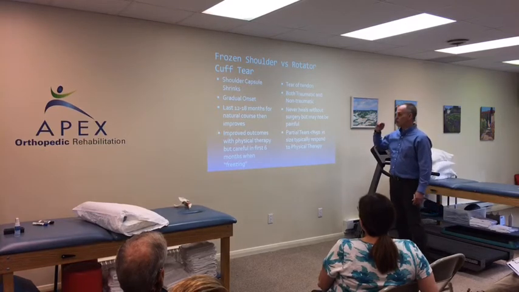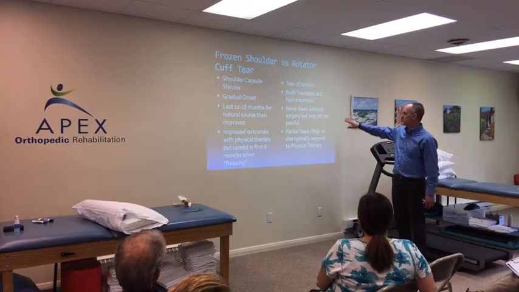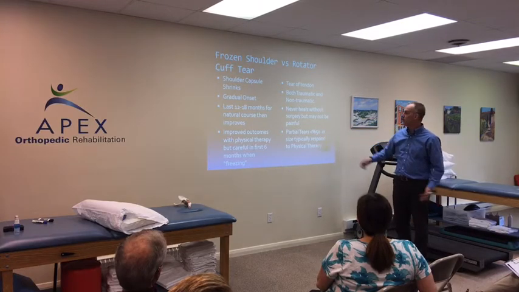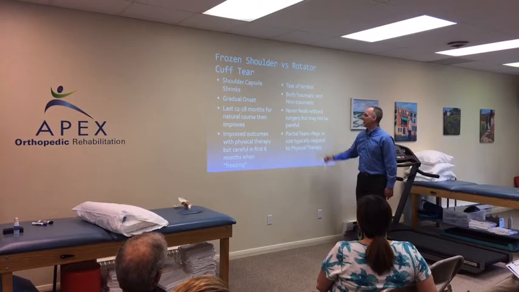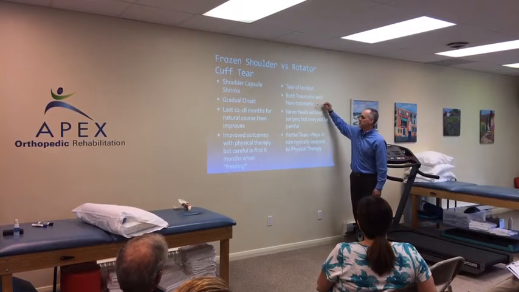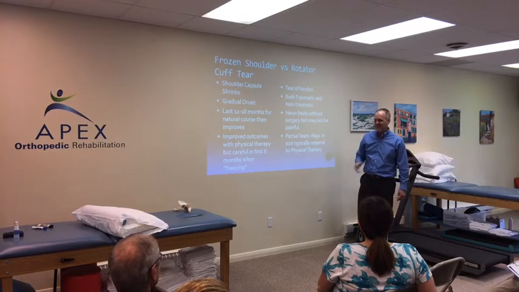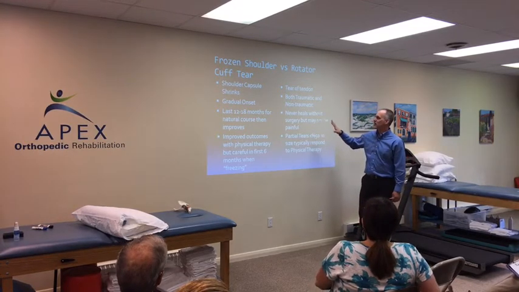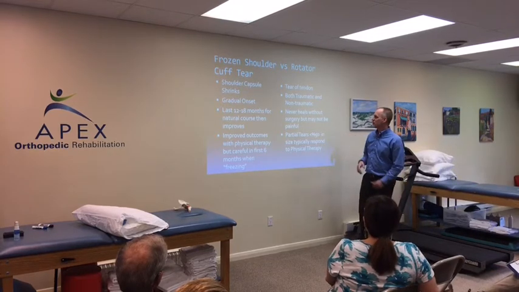The rotator cuff can be traumatic, or it can just gradually come on. So it's a little similar in that sometimes it doesn't happen with necessarily a trauma. But when it gradually comes on, it's a little easier to treat. The traumatic ones don't do as well as the non-traumatic. So if it was gradual, like I was just doing some guarding and it slowly came on, that's better than I fell on my shoulder and all of a sudden I couldn't lift my arm. Those are a little harder.